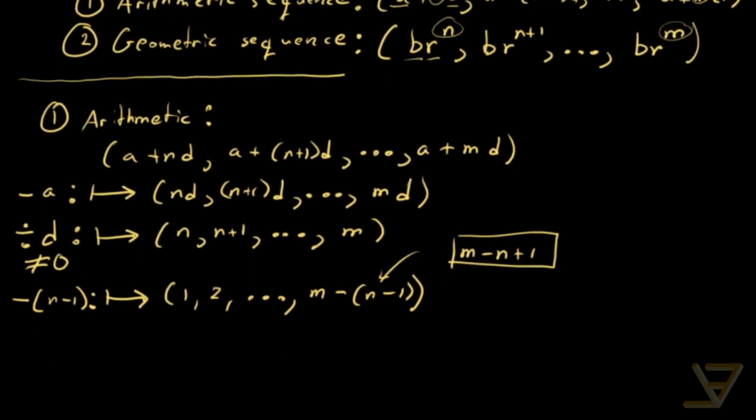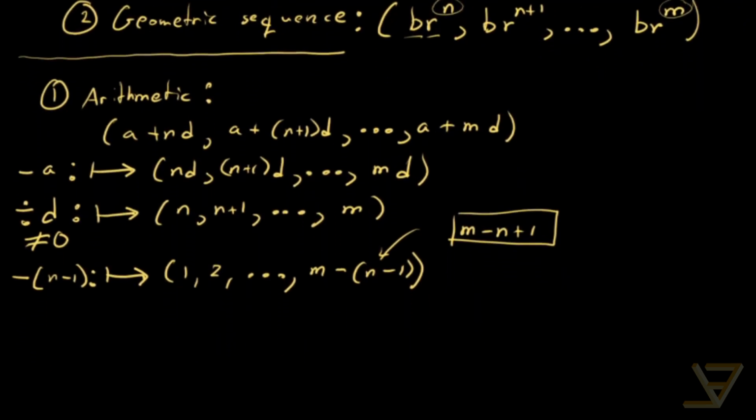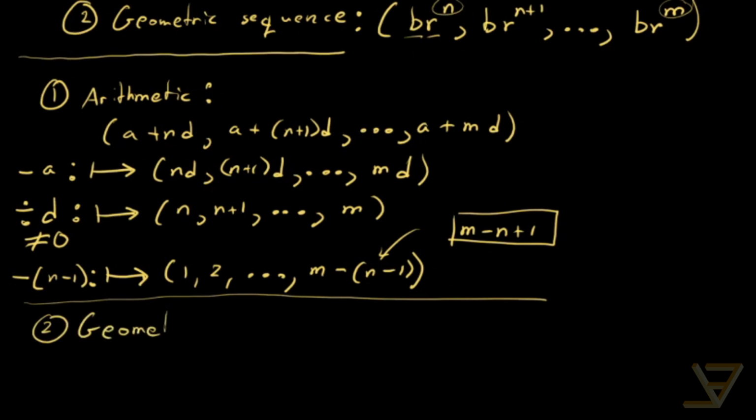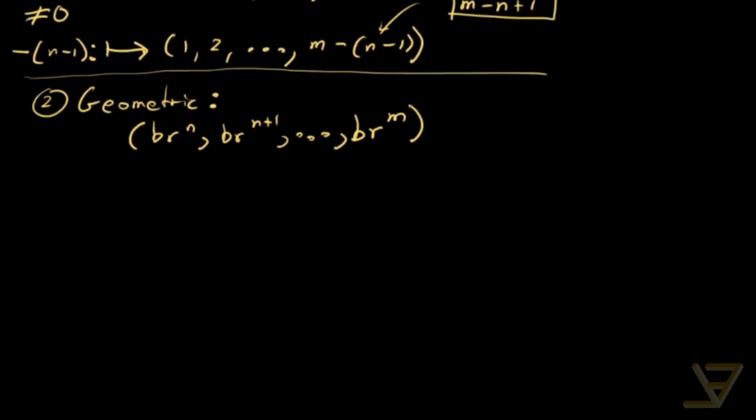Let's move on to the geometric sequence now. The sequence, we'll rewrite it: br to the n, br to the n plus 1, all the way through to br to the m.